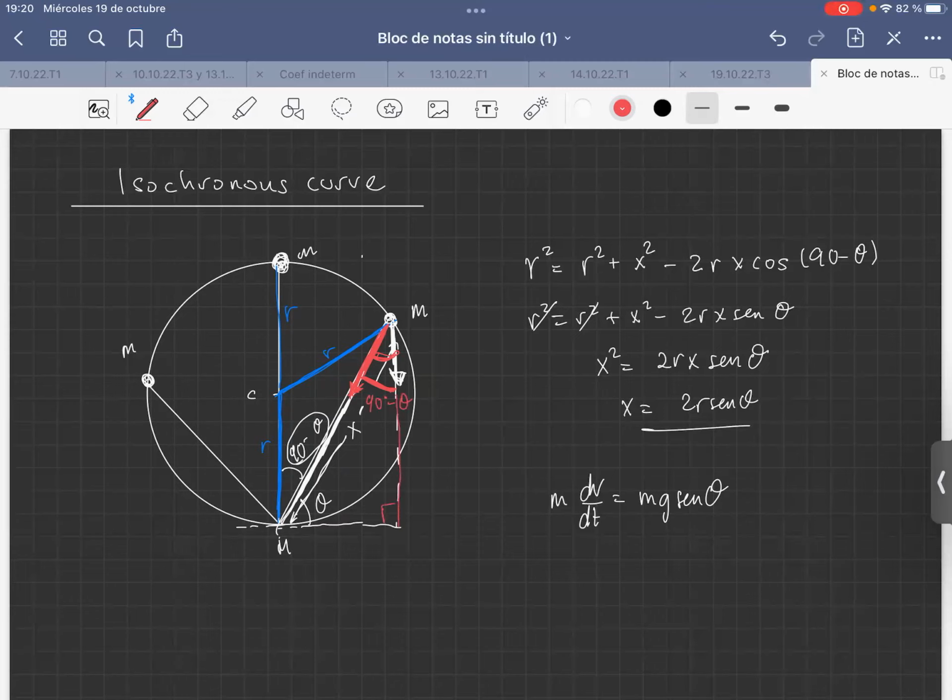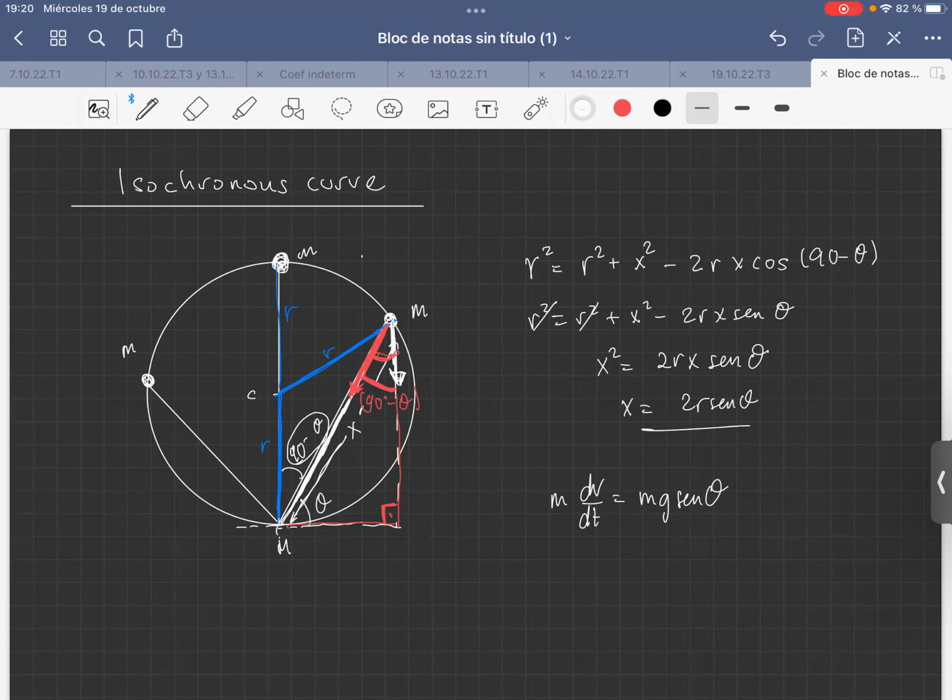This is obvious because this is a right triangle, and this is theta, so this will be 90 degrees minus theta. That means that the projection is exactly, as we said, the cosine, and then it goes by sine. So this would be the differential equation.